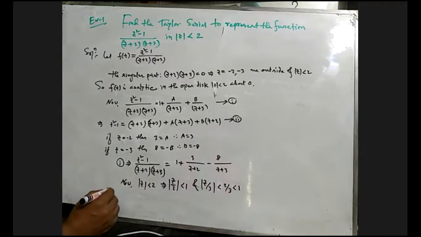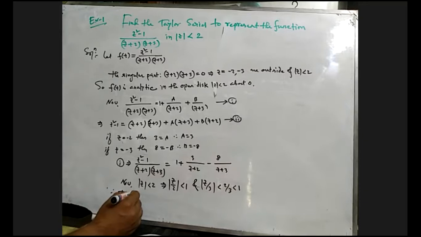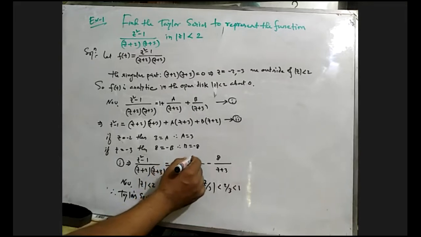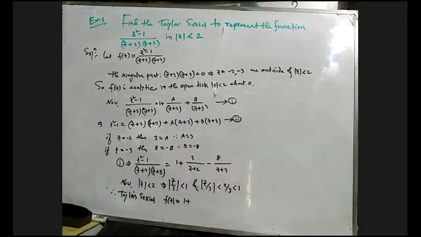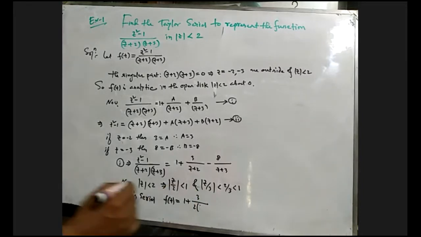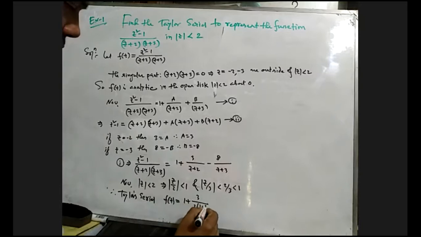Therefore, the Taylor series f of z equals 1 plus 3 divided by z plus 2. We can write 3 divided by, if we take 2 common, then z by 2 plus 1, so 1 plus z by 2.